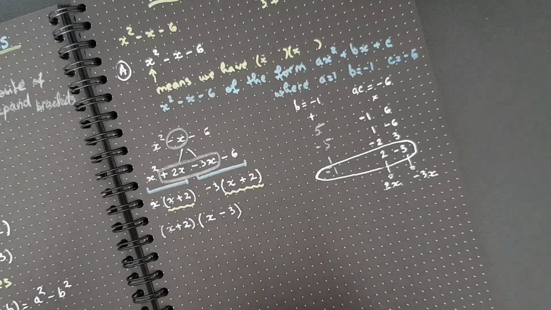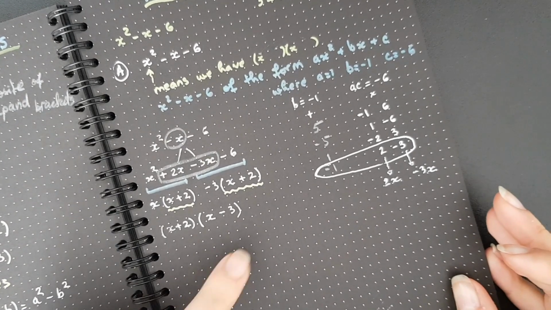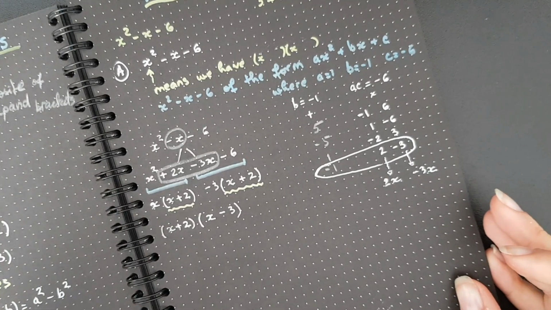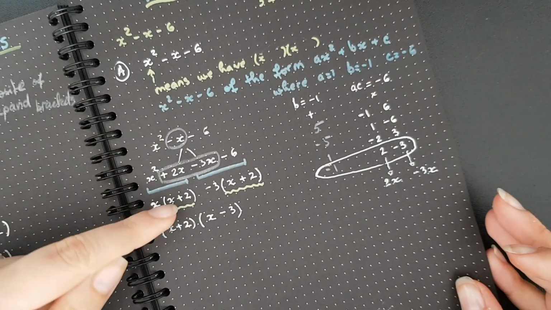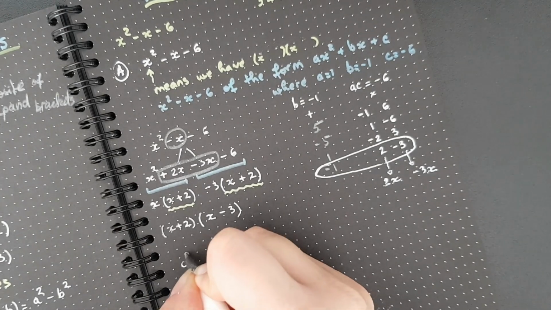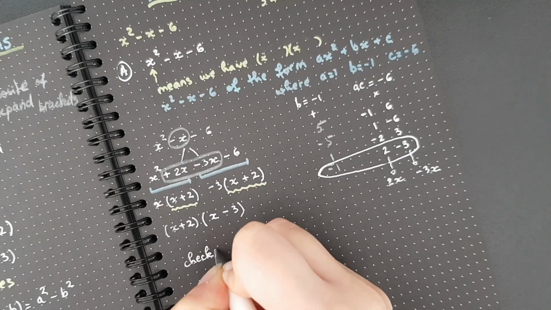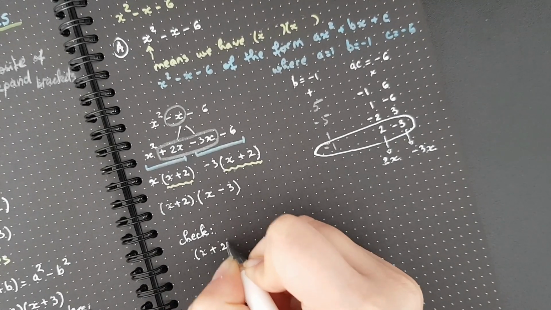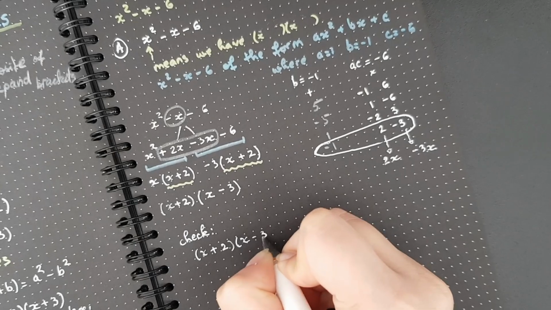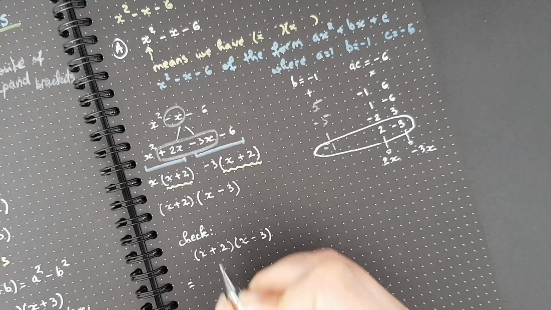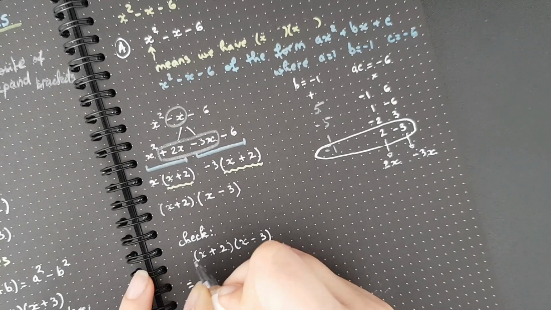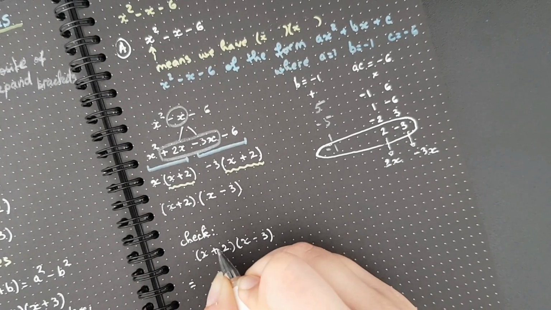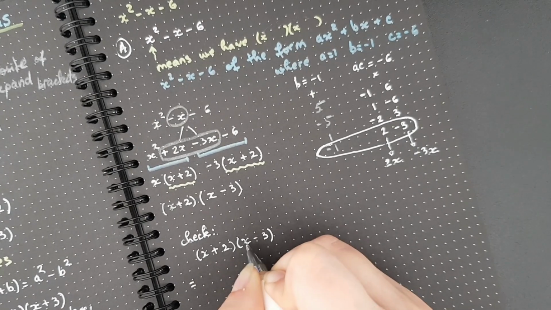I've done it. And now I actually want to do a check of this, and I want to go pretty slowly with it so you can see why I've done all of these steps. So I'm going to do the check just under here, and we're going to see, which I think is quite wonderful. So remember from multiplying brackets what I used to say. I used to say we do x times everything from this one and 2 times everything on this one.